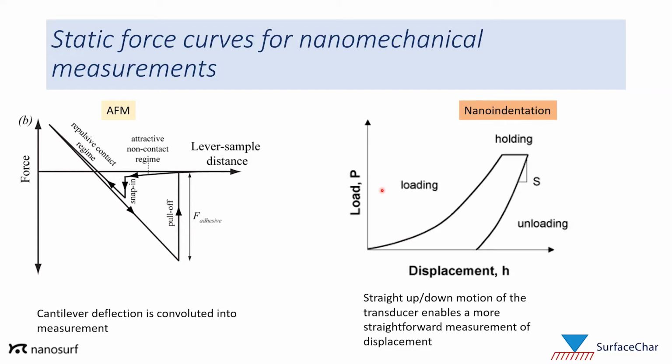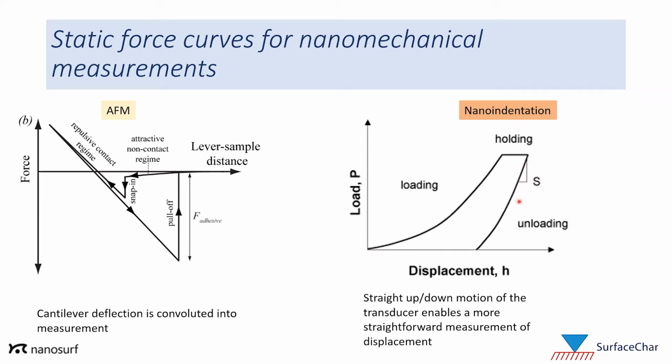The analog force curve for nanoindentation looks like this. So this is now a load versus displacement curve here. Typically what you do in a nanoindentation measurement is you push in with your diamond tip. You typically will hold at the maximum depth just to give the piezo a little bit of time to settle down, and then you unload or withdraw. And so here from this initial unloading portion, we're going to measure the slope and get the stiffness or modulus.